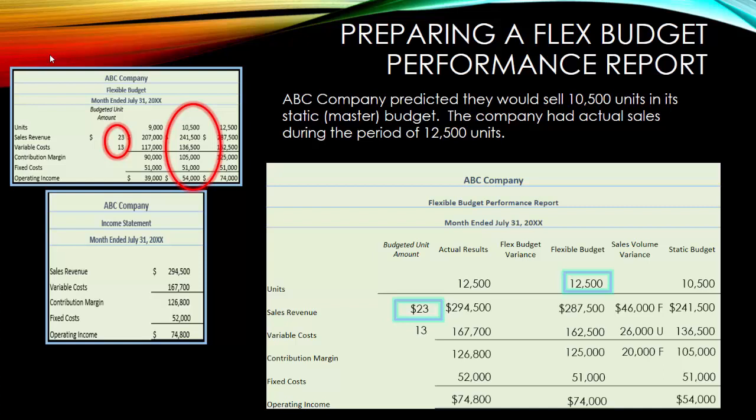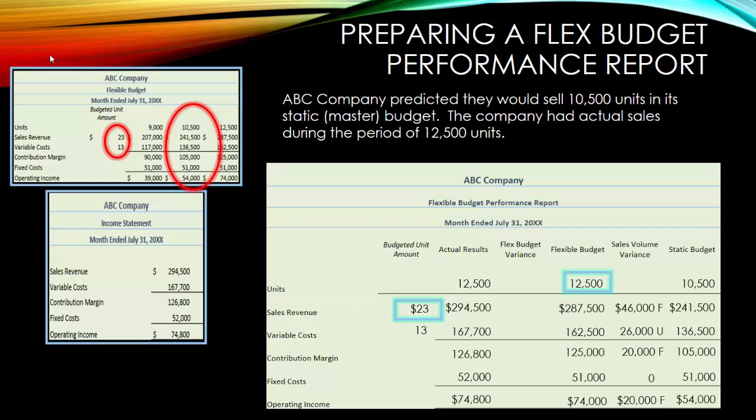The difference between fixed costs on our static budget and flexible budget is zero, neither favorable nor unfavorable. And our operating income has a $20,000 difference between our static budget and our flex budget. Again, reading right to left, it's going up. More income is always good for the company, so that's favorable.